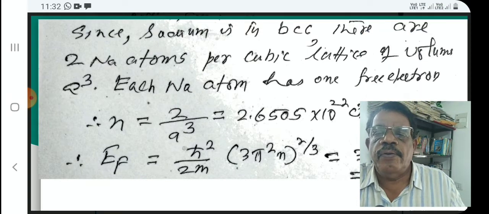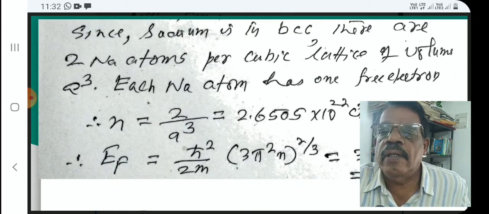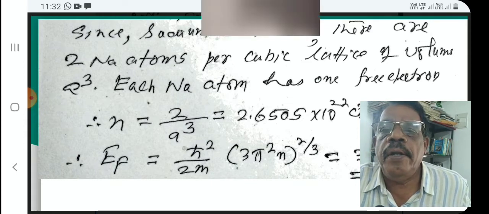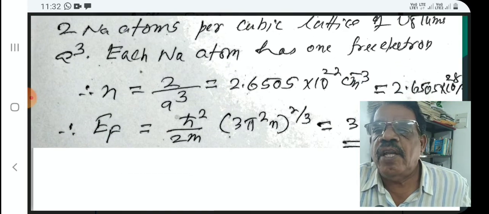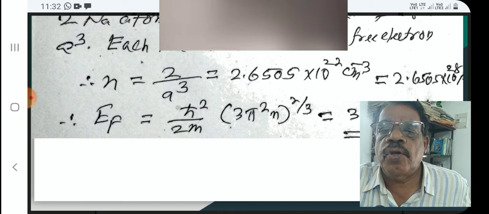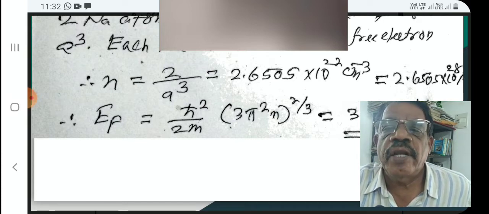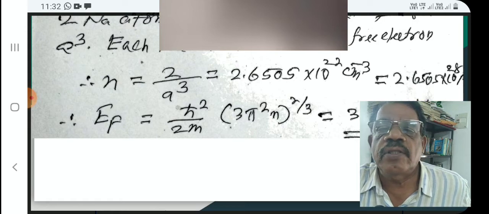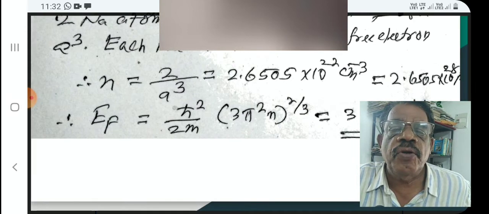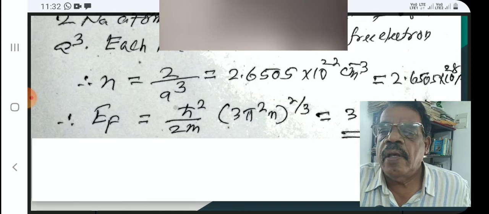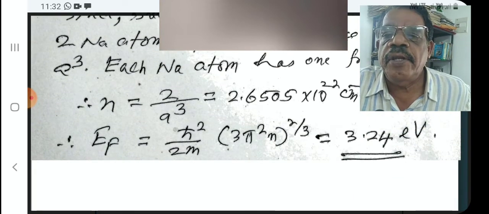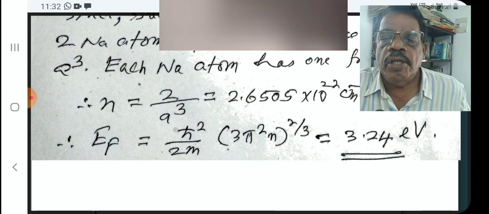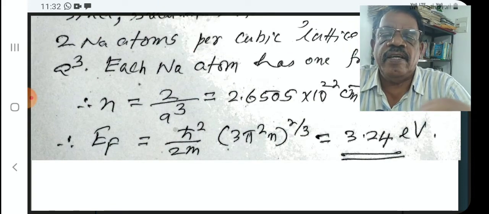Each sodium atom has one free electron. So n is 2 by a cubed, 2.6505 into 10 raised to 22 centimeter raised to minus 3, that is 2.6505 into 10 raised to 28 per meter cubed. EF is h cut square by 2m 3 pi square n raised to 2 by 3, that you calculate and convert in eV, we get 3.24 eV.